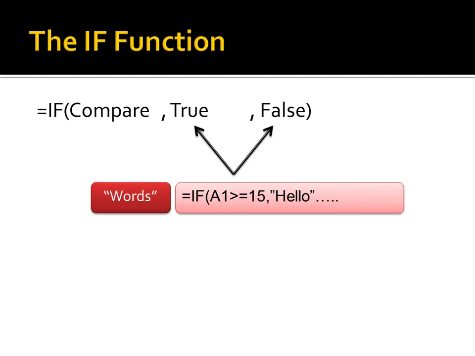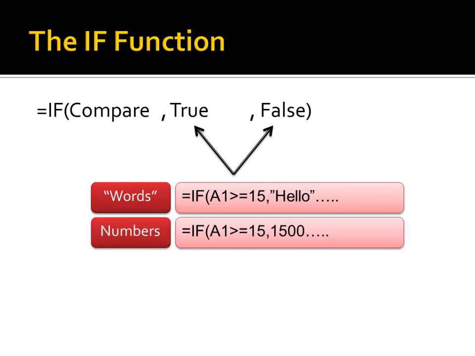If A1 is greater than or equal to 15, put hello, or put goodbye or whatever. We've learned the words would be put in quotes. We've also learned that we can put in numbers. If A1 is greater than or equal to 15, put in 1500. Otherwise, put in another number.